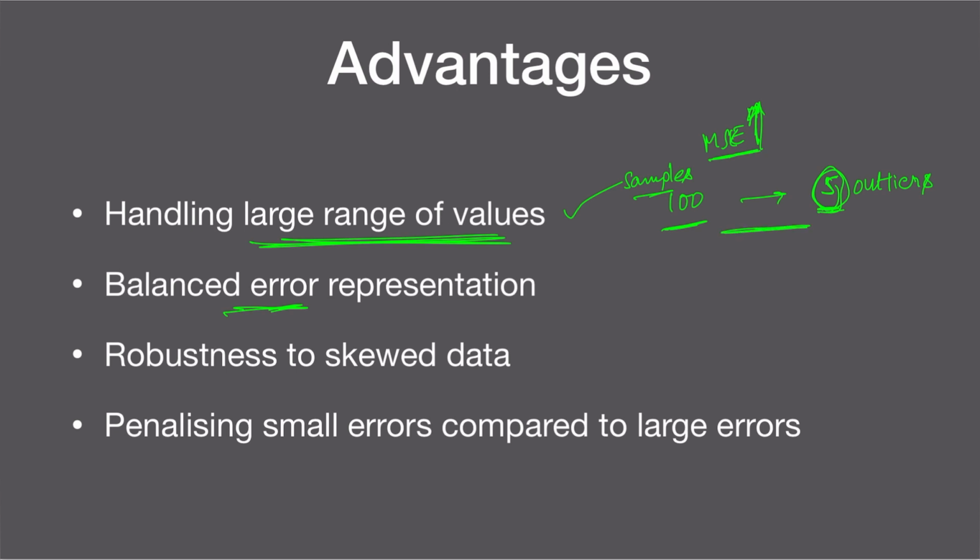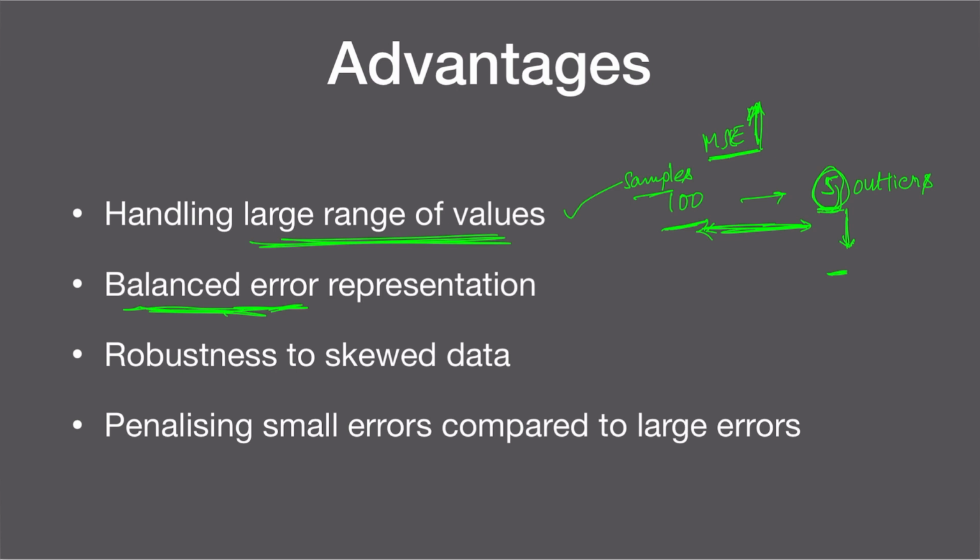Whatever error you are getting is not an actual interpretation of how many samples are doing good and how many are doing bad. So when you use logarithmic loss, even for these outliers the error value is smaller, as we have seen. Overall, you will have a balanced error representation, and by seeing the error value you will understand how good your predictions are.